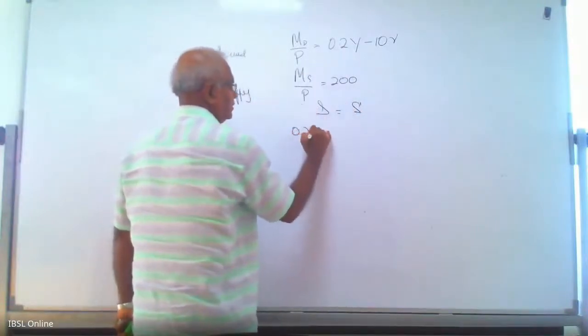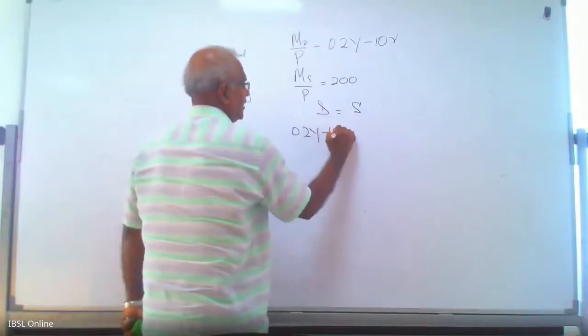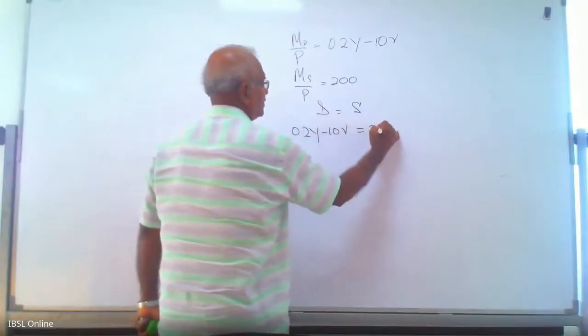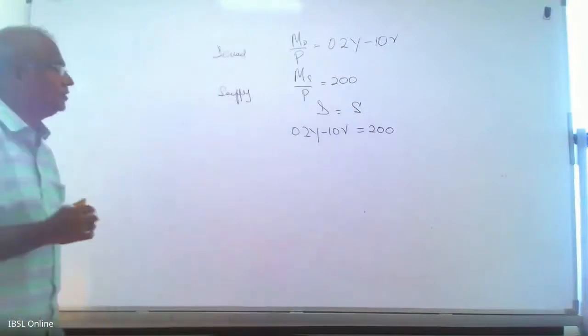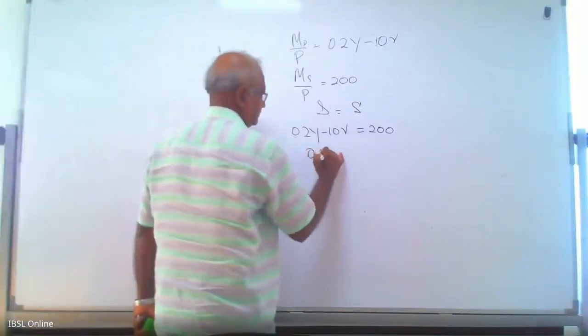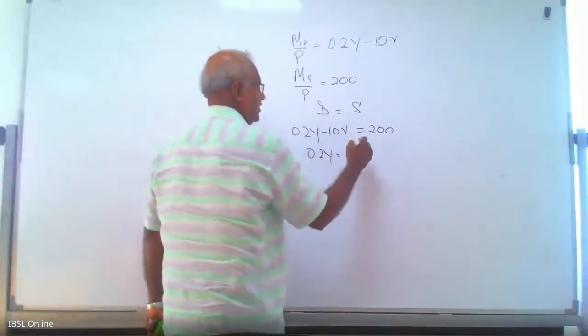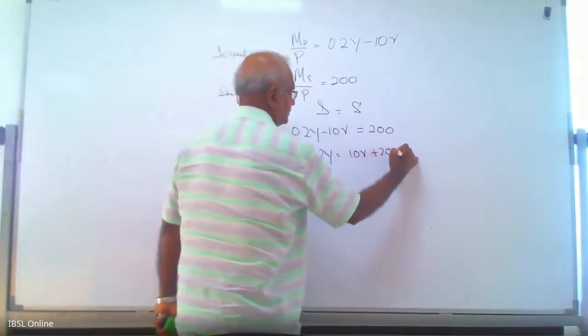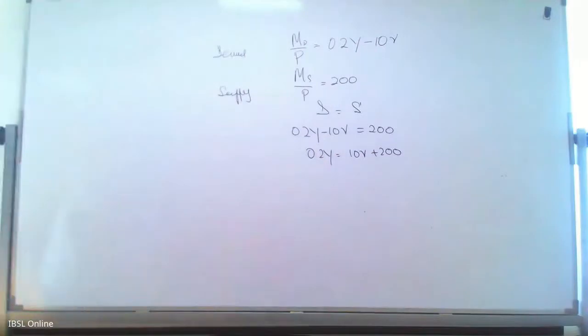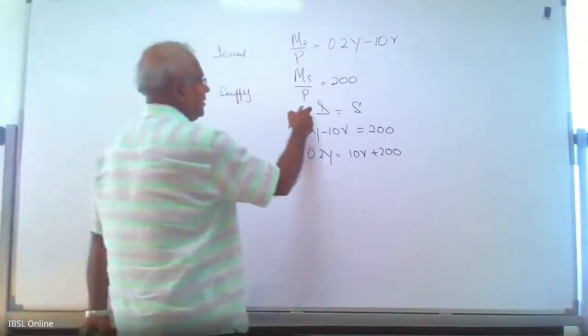0.2Y minus 10R equals 200. Then 0.2Y equals 10R plus 200; take 10R to the other side. Demand equals supply.